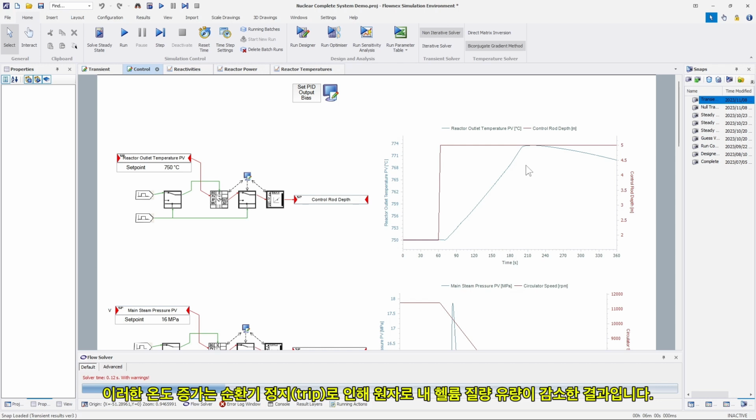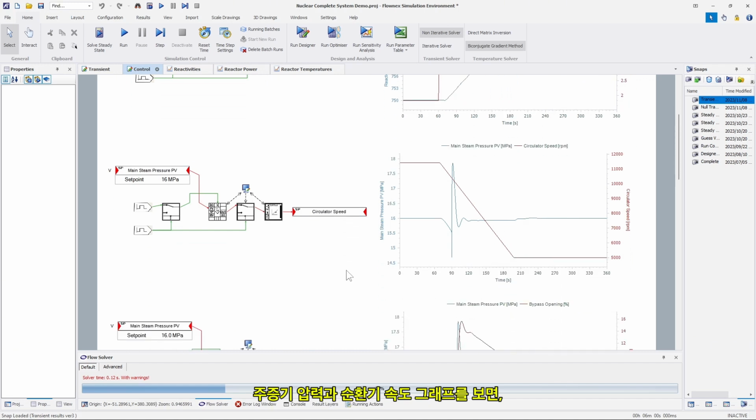The increase in temperature resulted from a decrease in helium mass flow due to the circulator trip and rundown. After 210 seconds, the reactor outlet temperature starts to decrease, resulting in a maximum outlet temperature of 774 degrees Celsius.